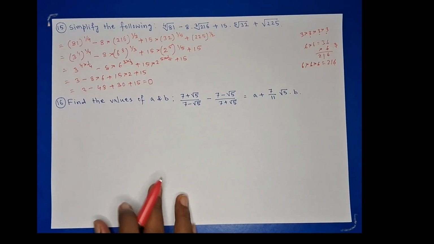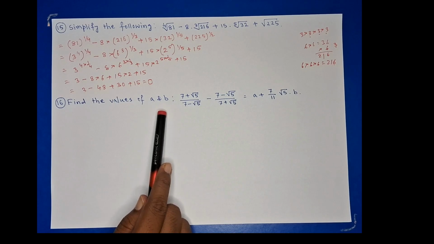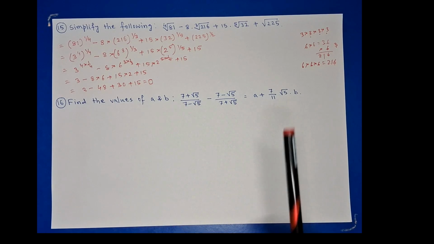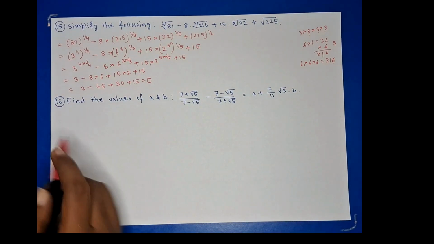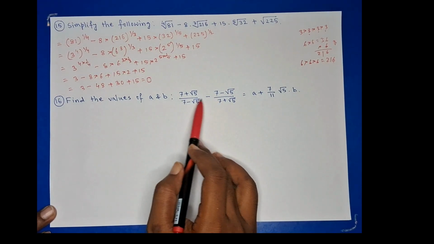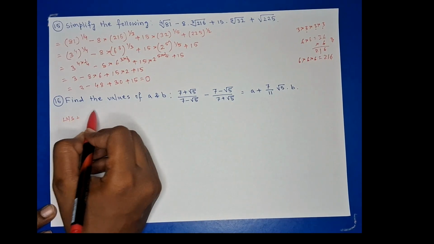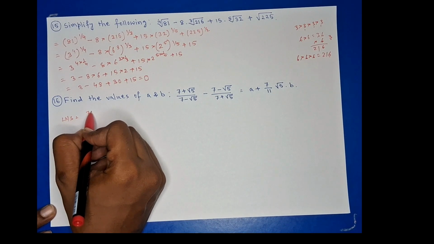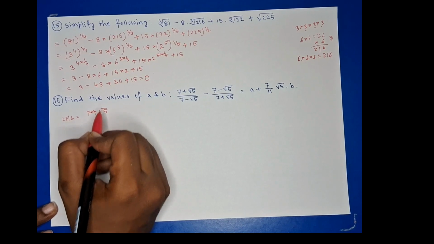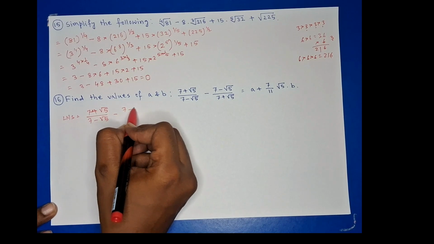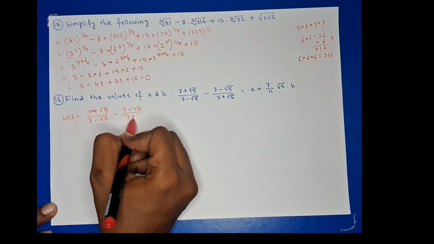Question number 16. Find the values of a and b for this equation. Okay, so let us try to solve. We will try to solve from the left hand side, LHS. 7 plus root 5 by 7 minus root 5, minus 7 minus root 5 by 7 plus root 5.